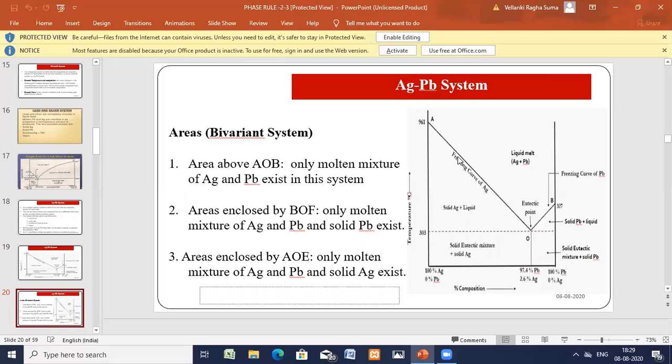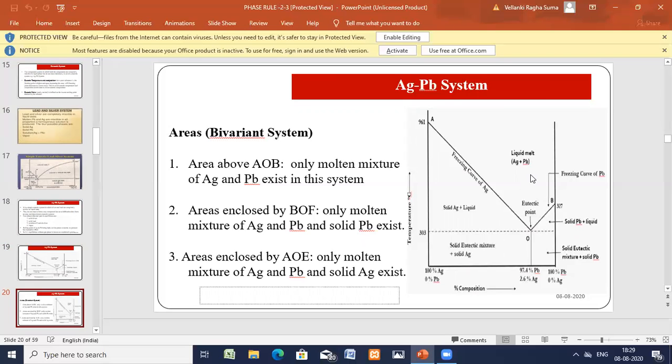So we'll calculate F for area AOB. F is equal to C minus P plus 1. The components are silver and lead, so C is 2. Only the liquid phase is present, so P is 1.